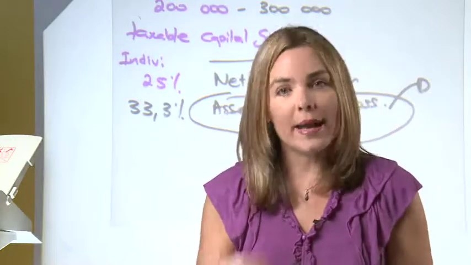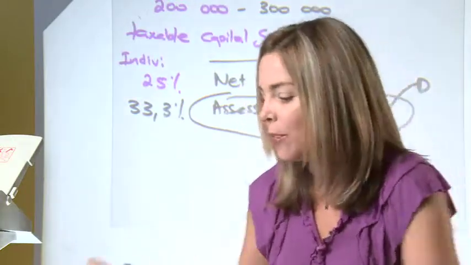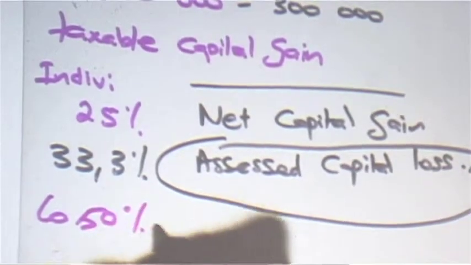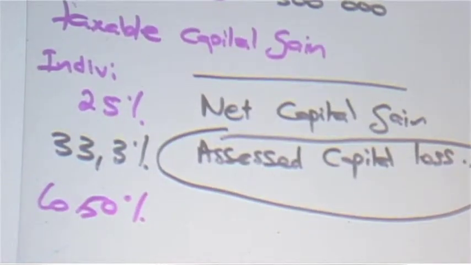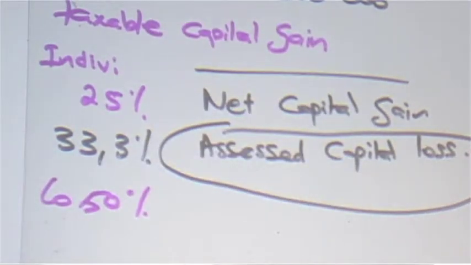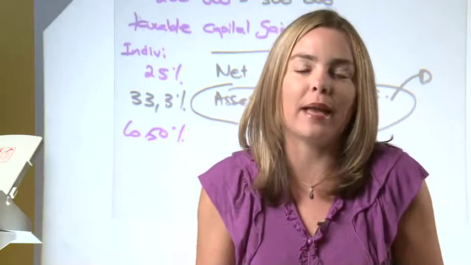Now, if we are a company, what used to happen before was that the company would take 50% of the net capital gain and pull 50% of the net capital gain into the company's taxable income by making that net capital gain a taxable capital gain.